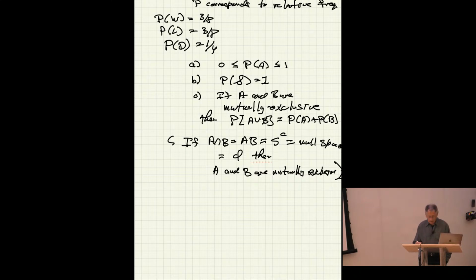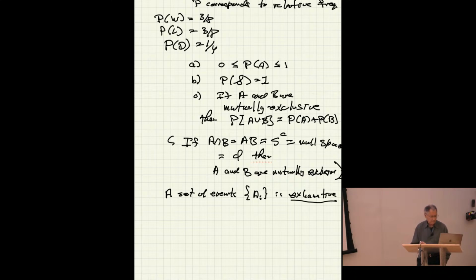Okay. A set of events, and let me define it as some set of A_i, where the A_i are different events, is exhaustive. And that's what I'm trying to define here.